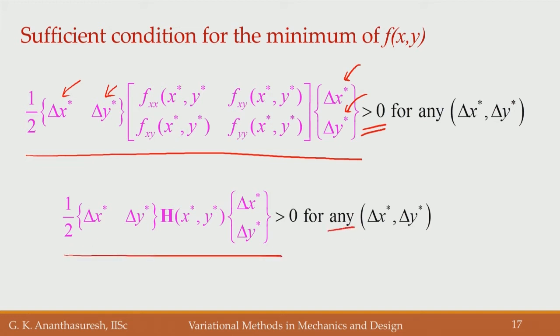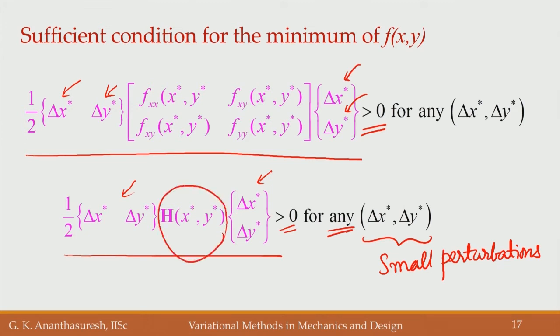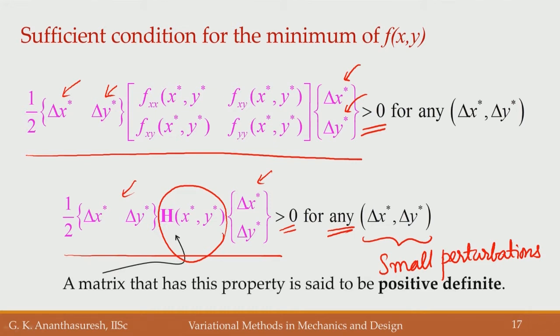For any small perturbations, this should be true. And if it has to be greater than 0 for any values of these, then the property lies within this matrix, the Hessian. That property is called positive definiteness.